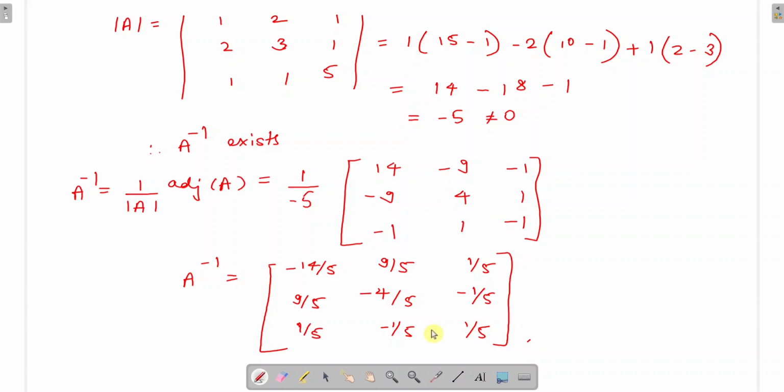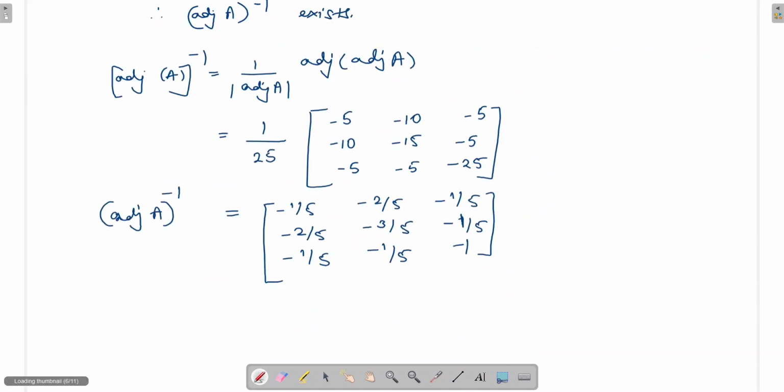Now we have to find adjoint of A inverse. Okay, so adjoint of A inverse we have to find. For that we have to find cofactors of A inverse.